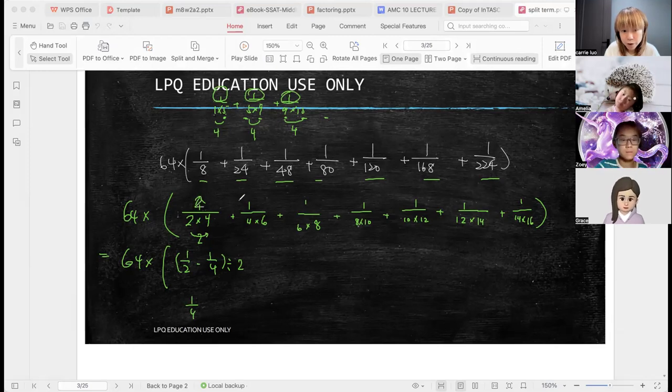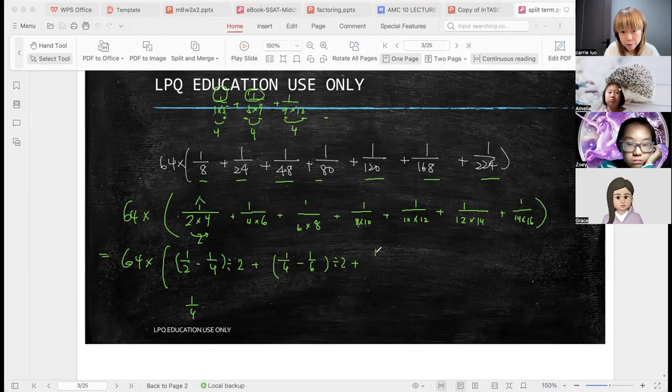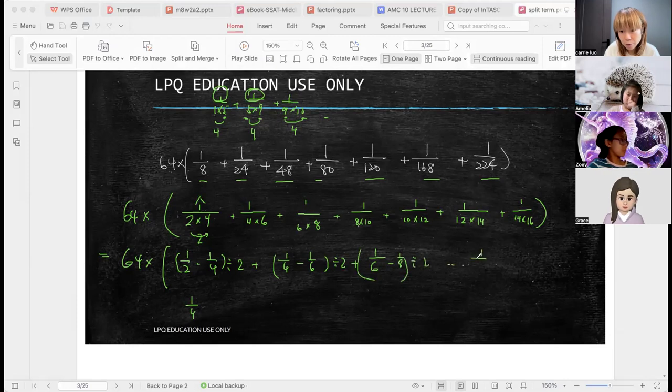So if the question here is 2, 2, 2, 2, do we have to divide it by 2? No. So every single split term you need to divide by 2. And that's the last one, 1 over 14 minus 1 over 16, and divide it by 2.